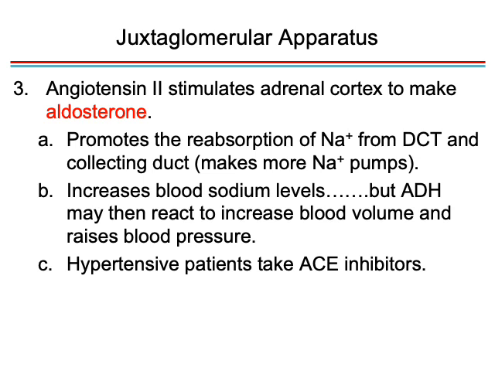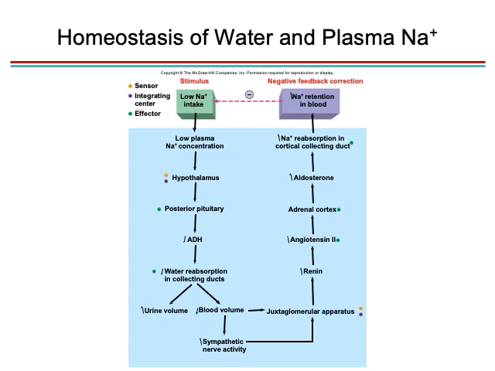It prevents ADH from adding more water to the blood, thus keeping blood pressure lower. The last slide is basically showing the relationship between the aldosterone mechanism and antidiuretic hormone release.